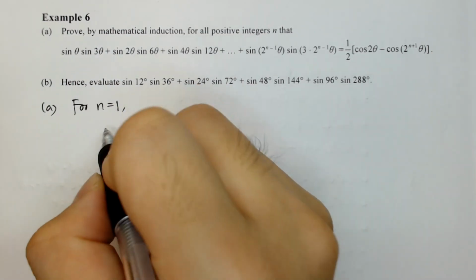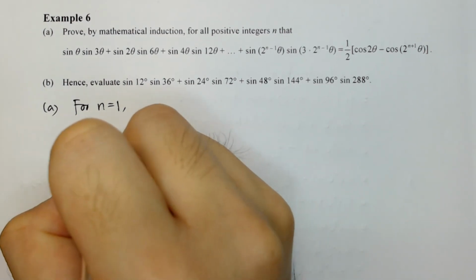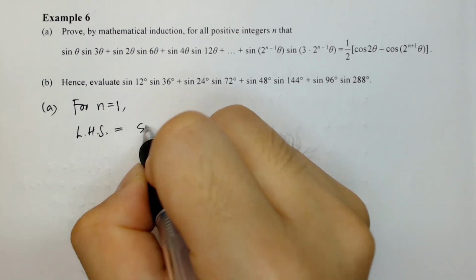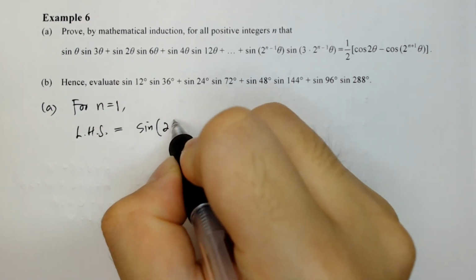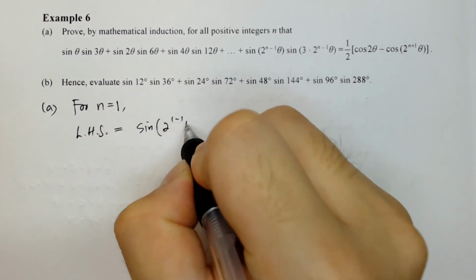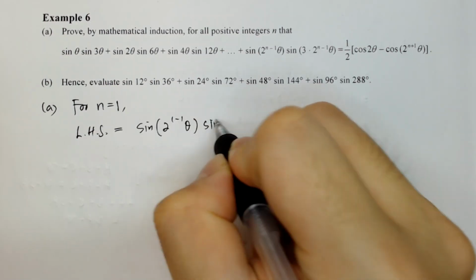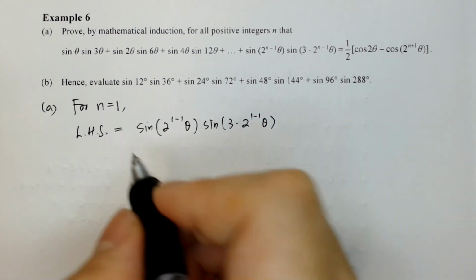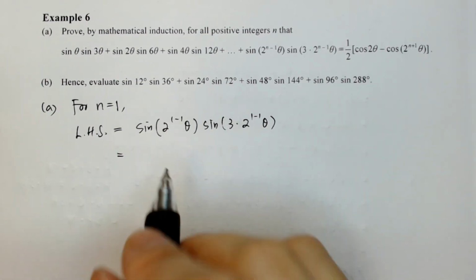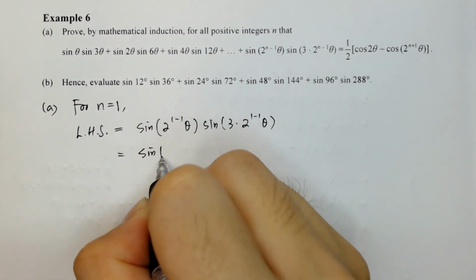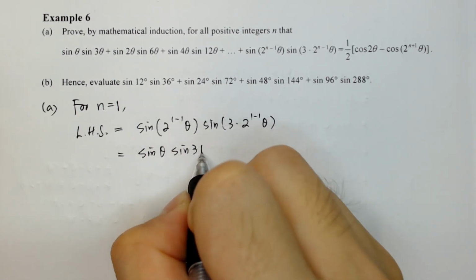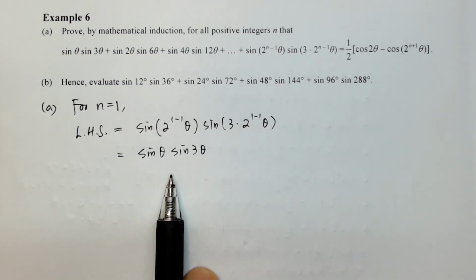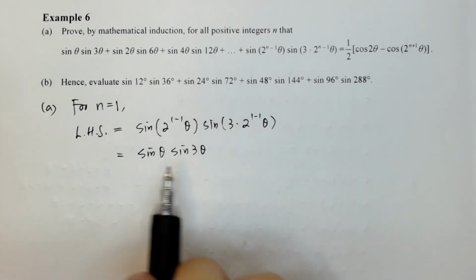You may need to say that the left-hand side is sine of 2 to the power of 1 minus 1 theta, sine of 3 times 2 to the power of 1 minus 1 theta. Okay, and if you get sine theta, sine 3 theta, then that's guaranteed to be the very first term when n equals 1. And what's on the right?